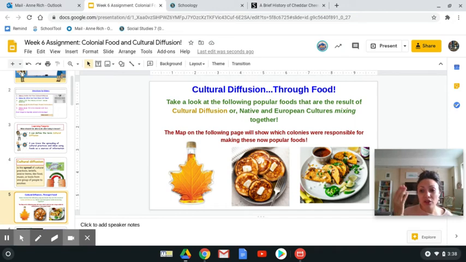Specifically, they are the result of indigenous or Native Americans mixing ideas and foods and ingredients with European cultures. These are going to come together to make foods that we eat, both in history and to this day. Three things that we continue to eat that were the product of these cultures coming together include maple syrup, flapjacks or pancakes, and of course, my personal favorite on the list, tacos.